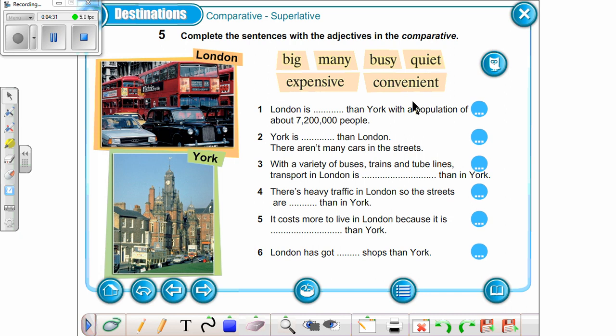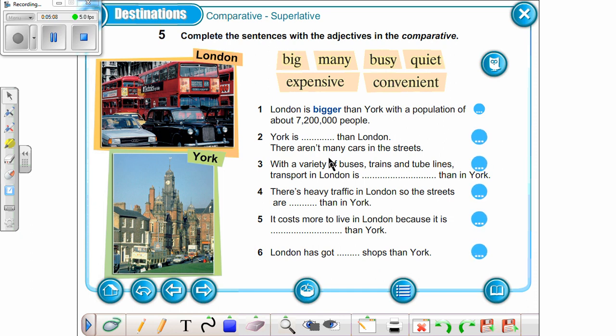Okay, let's go to sentence number 1. London is space than York with a population of about 7,200,000 people. So London is bigger than. Number 2, York is space than London.